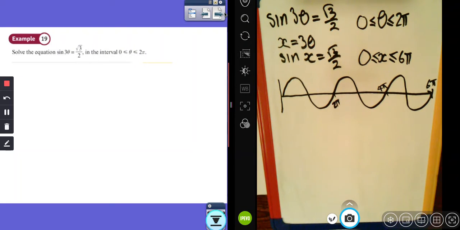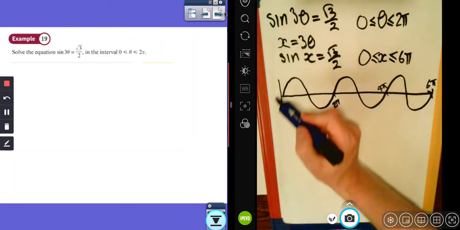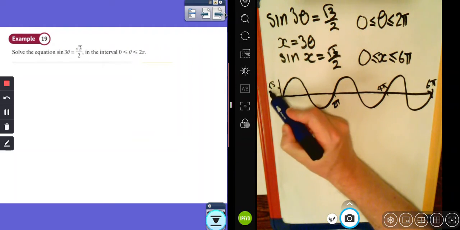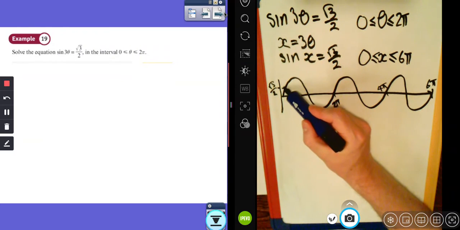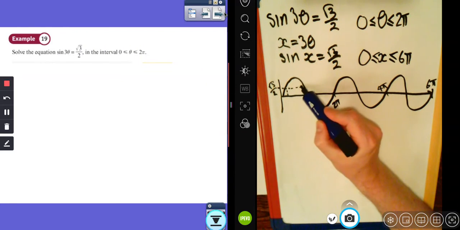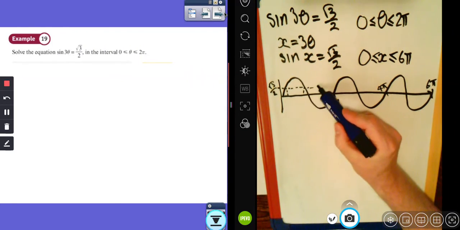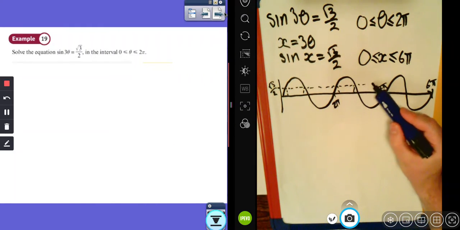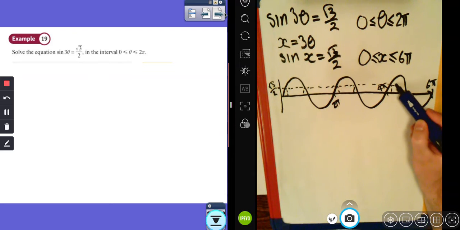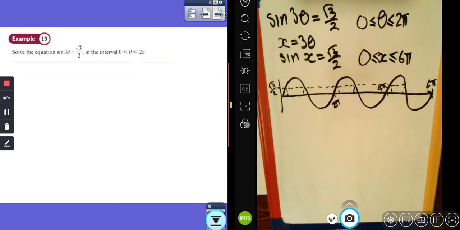So if we're looking at root 3 over 2, then the principal value will be given by this one here, but we're going to work out this one, this one, this one, this one, and this one.